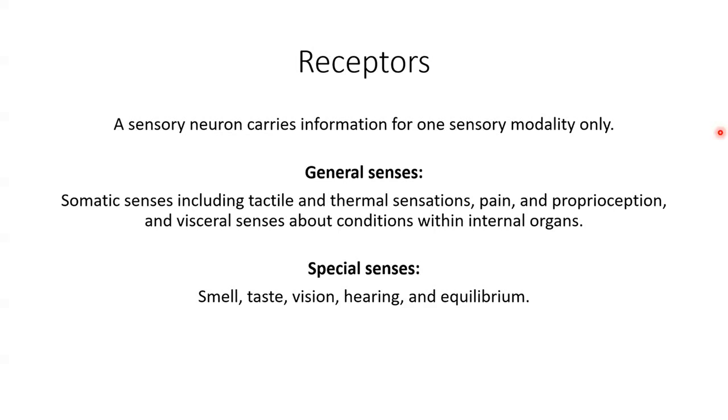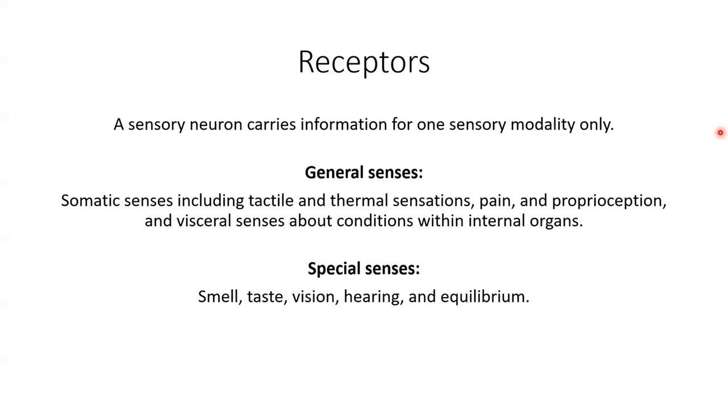For example, sensory neurons which relay nerve impulses for touch will only transmit nerve impulses for touch, not other things like pain or pressure. And likewise, sensory neurons extending from the eyes can only carry nerve impulses for sight and not other senses such as hearing or taste.